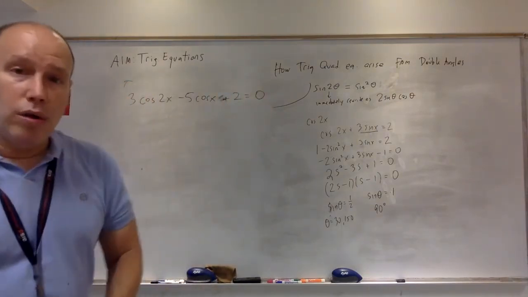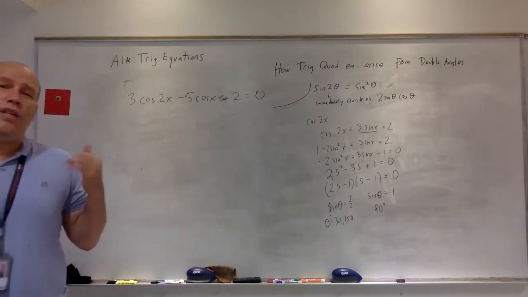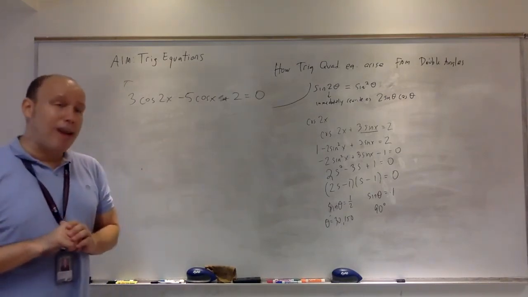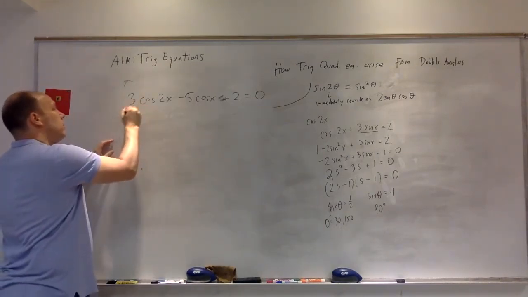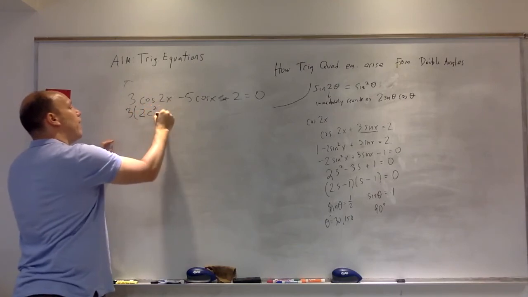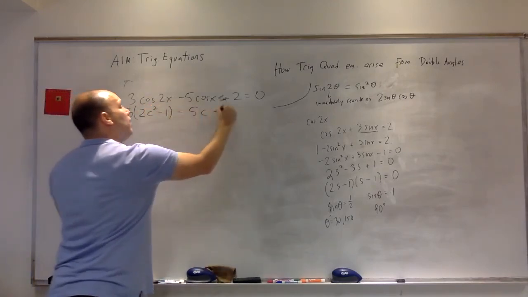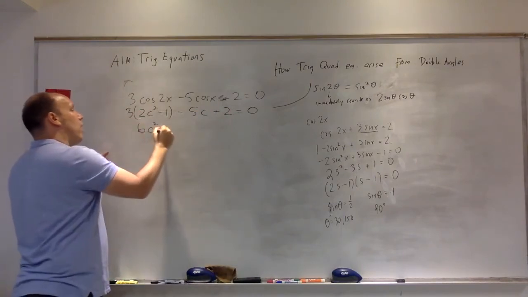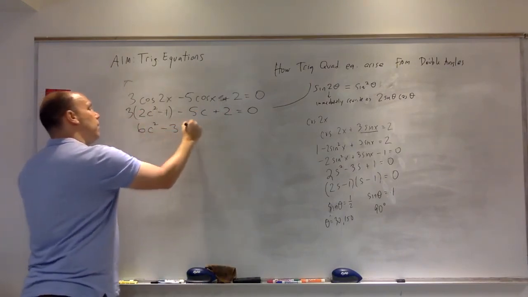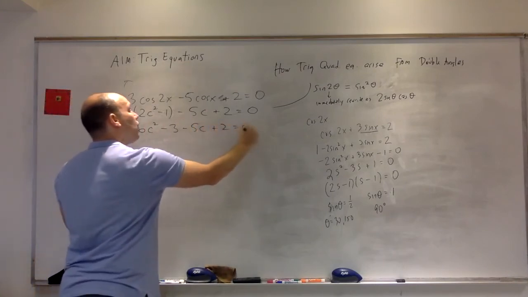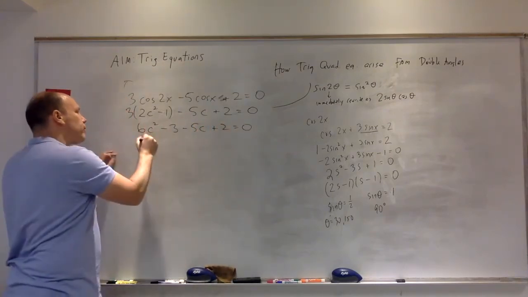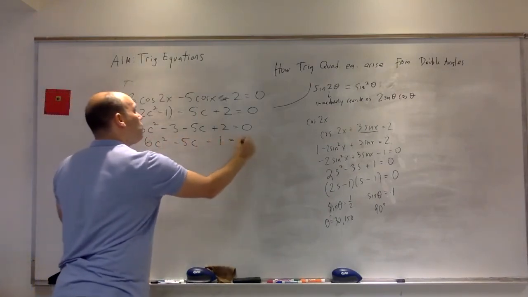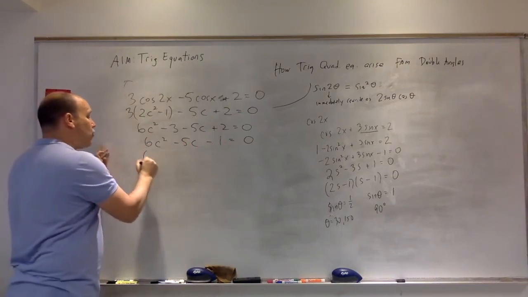The second you see cosine 2x, you know you're going to need one of the Pythagorean identities, and it's going to be quadratic. Let's change this: 3 times 2 cosine squared minus 1, minus 5c plus 2 equals 0. So 6c squared minus 3 minus 5c plus 2 equals 0, which is 6c squared minus 5c minus 1 equals 0. Factor.